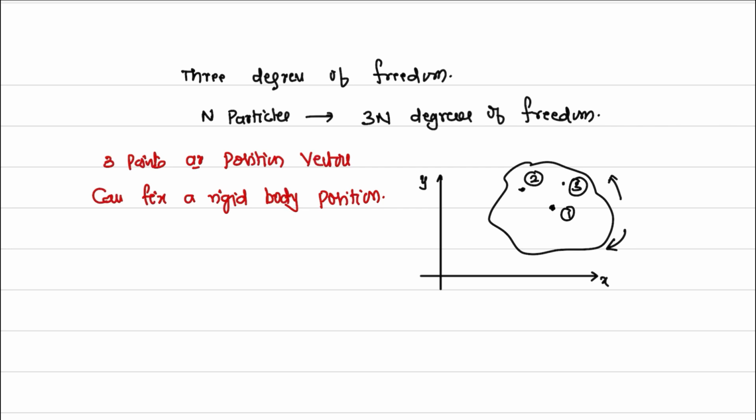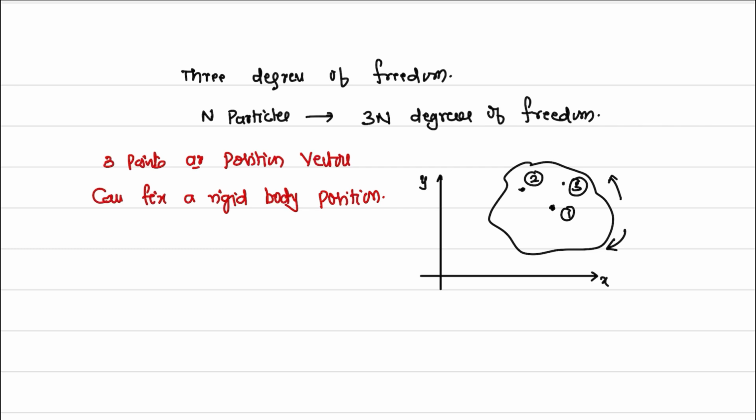That means when I choose 3 crucial particles and fix them, I will nail them, then what happens? That rigid body will not move. I have restricted or constrained the movement of that rigid body.